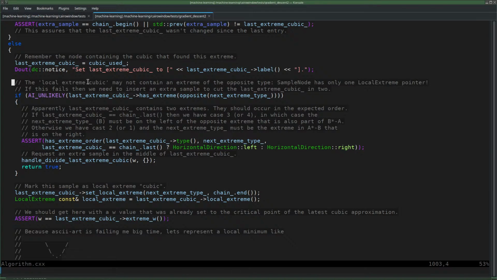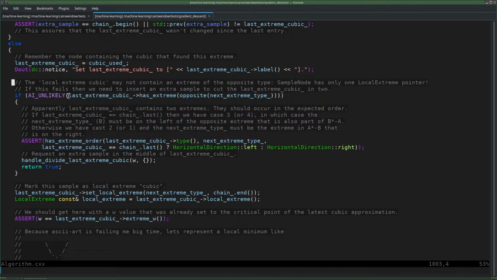The local extreme cubic may not contain an extreme of the opposite type. Well, it does. Sample node has only one local extreme pointer. Well, that's the reason. And it's not allowed to contain an extreme of the opposite type. So if this fails, then we need to insert an extra sample to cut the last extreme cubic in two.